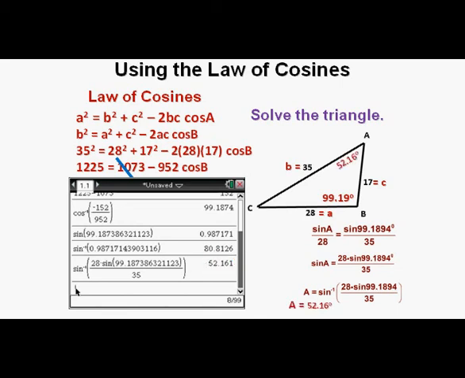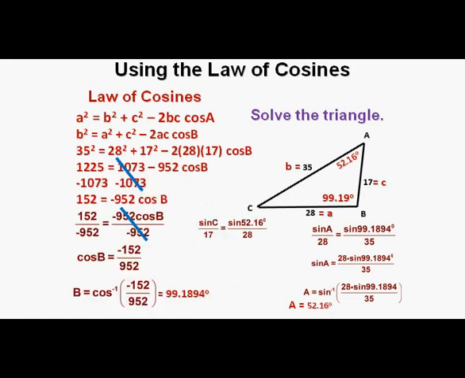And finally, to work on angle C, we have the sine of angle C over 17 equals the sine of angle A, or the sine of 52.16 degrees over 28. And cross-multiplying by 17, we have the sine of angle C equals 17 times the sine of 52.16 degrees divided by 28. So angle C equals the inverse sine of all that.